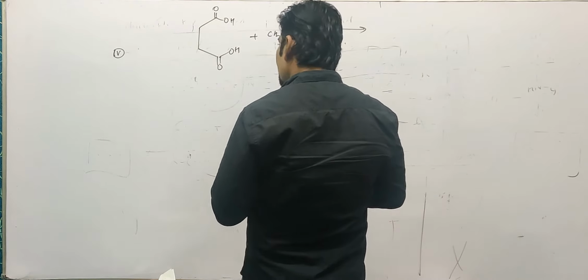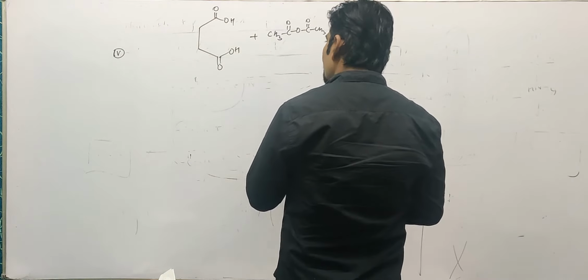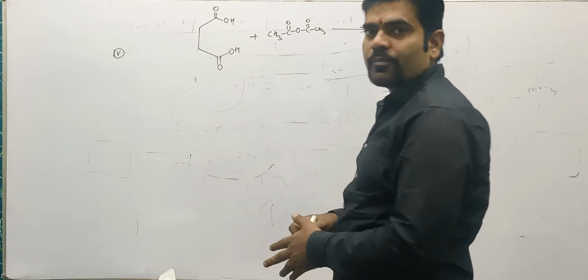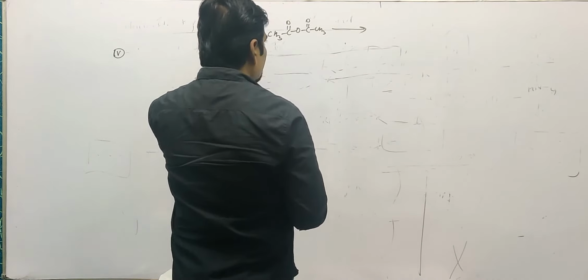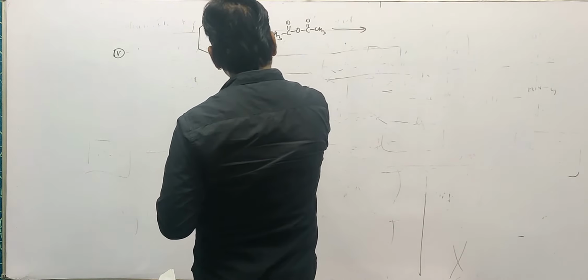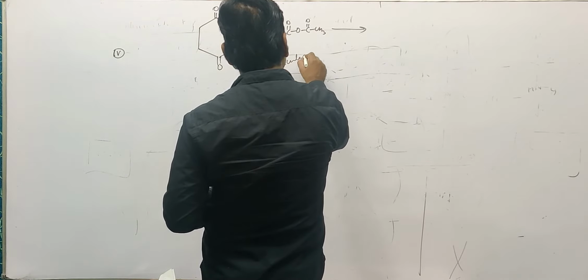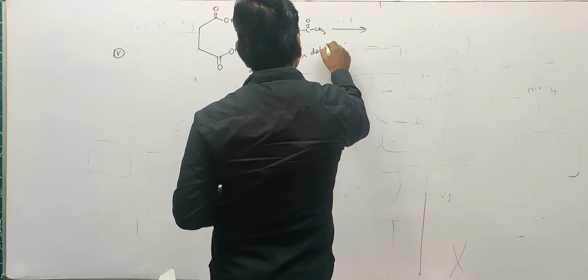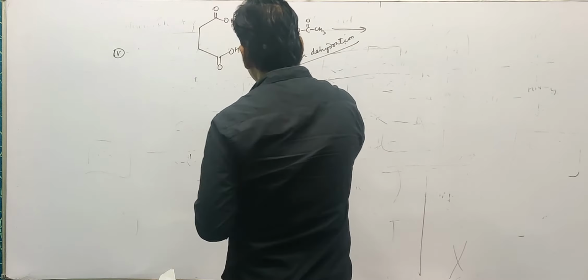So if there is formation of a 5 or 6-membered ring through anhydride formation, they will do so, and there will be intramolecular dehydration.